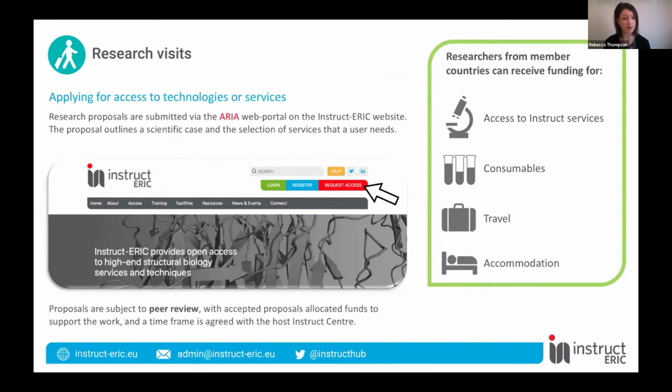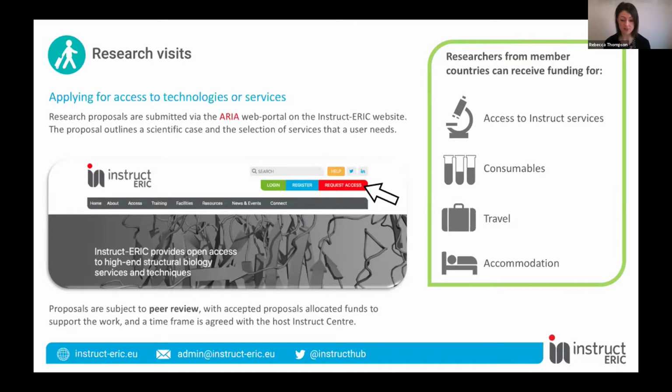And then depending on the outcome of that peer review process, you'll then be put in touch with the central technology or site that you've been given access to, and you'll be able to kick off and start accessing those technologies. So really, this is a fantastic opportunity to gain access to equipment, technologies, expertise that may not necessarily be present in your home institution.